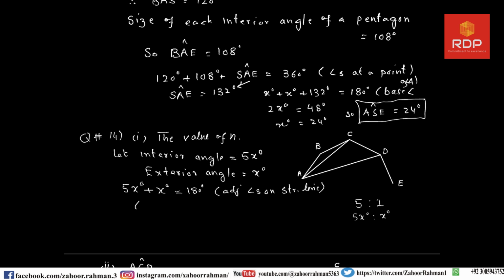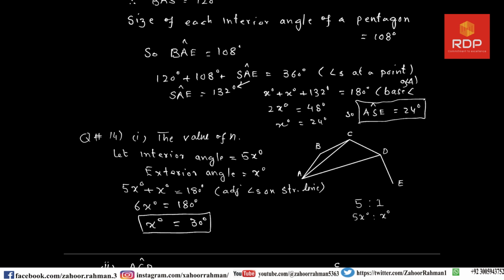So it will be 6x degree is equal to 180 degree, and then x degree will be equal to 30 degree. So we found that x degree will be 30 degree.